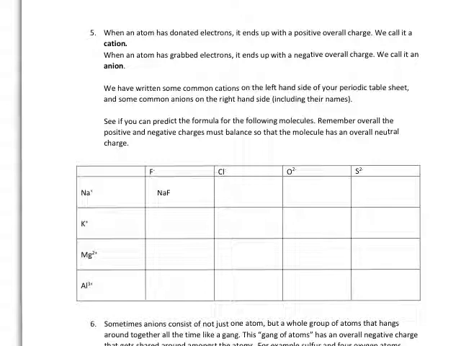So if I've got 2 potassium atoms, each potassium atom can give 1 of its electrons to oxygen. So 1 potassium atom will lose 1, the other potassium atom will also lose 1, and oxygen can then gain its 2. So you can start to see here how the formulas change. In this particular case, potassium oxide, which is the name of this compound, will have 2 potassiums and 1 oxygen. Okay, let's move on.